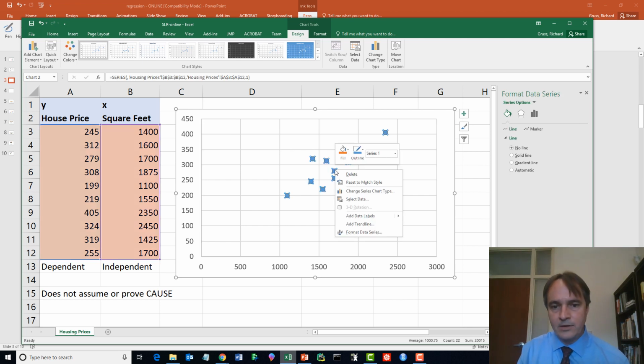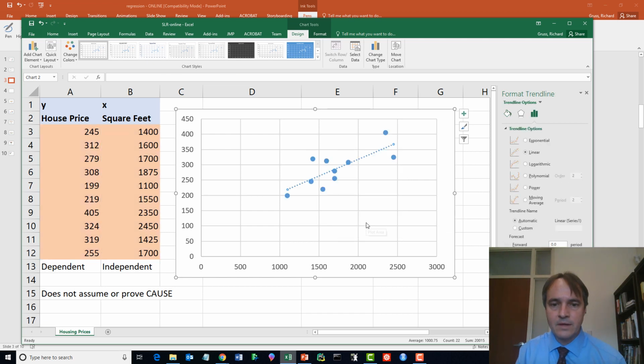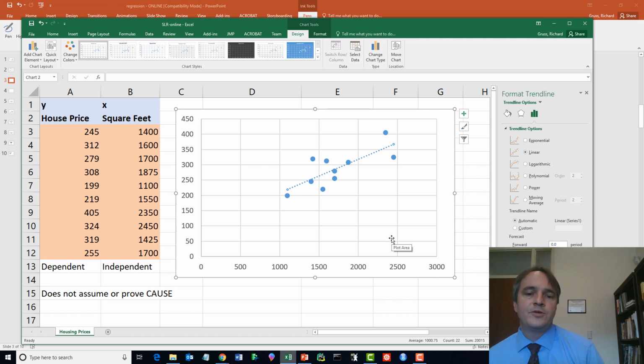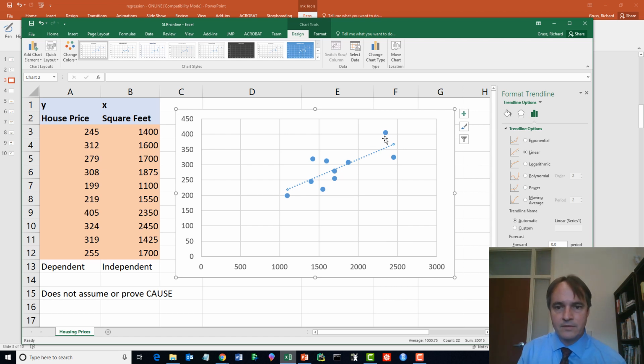So if you click on the data points and right click and then go to add a trend line, we can see visually, if we draw a line here, that this line does a pretty good job of summarizing this relationship. We can see that it's not perfect. Most of the points don't actually fall on the line, but this line is a pretty good approximation of how these two variables are related.